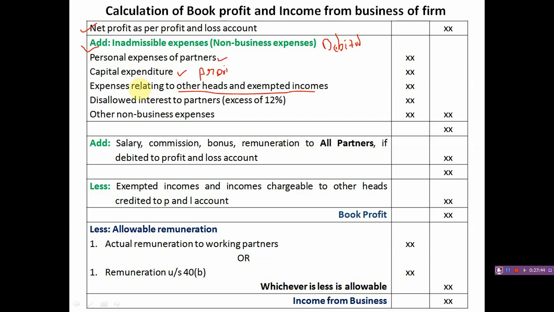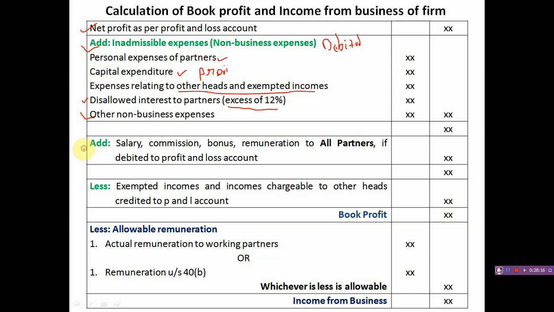And the next important item here in assessment of a firm is disallowed interest to partners. Interest means here interest on capital as well as interest on loan. The excess over 12% is disallowed, and any other non-business expenses which are debited to the profit and loss account should be added.